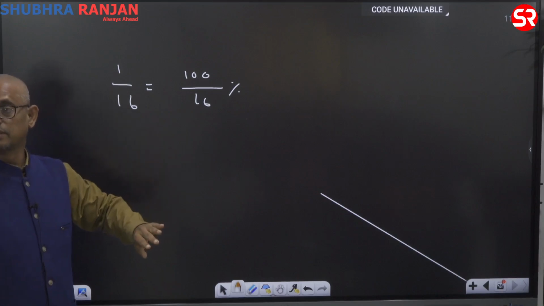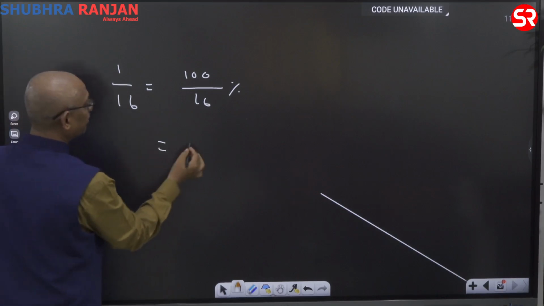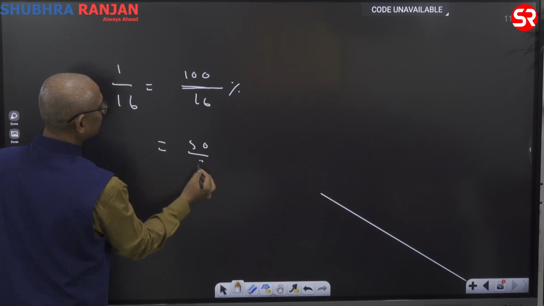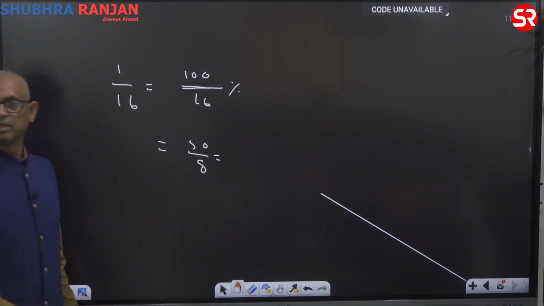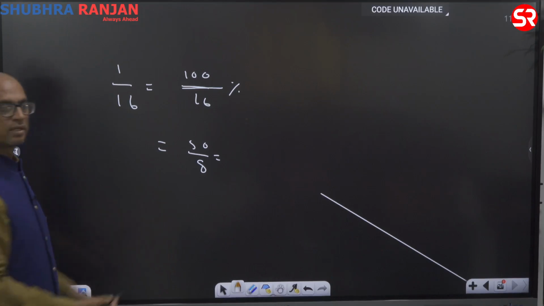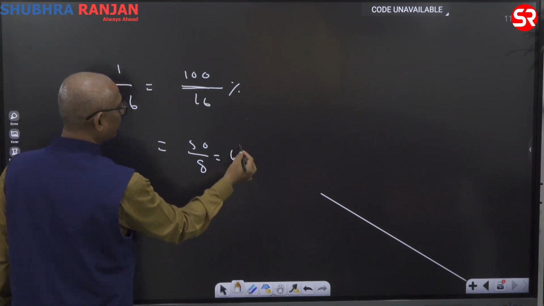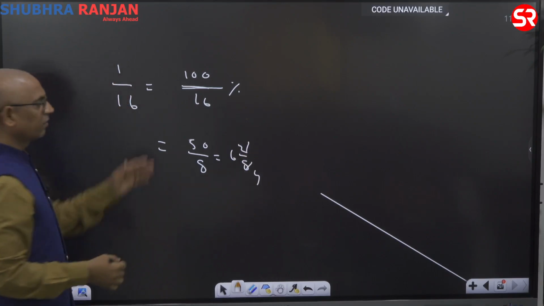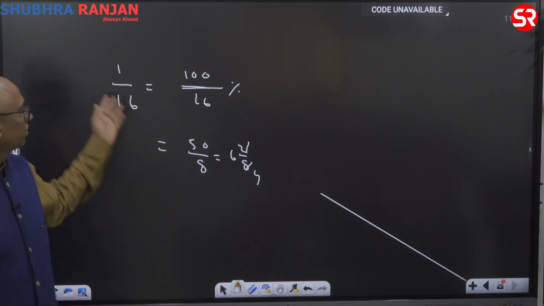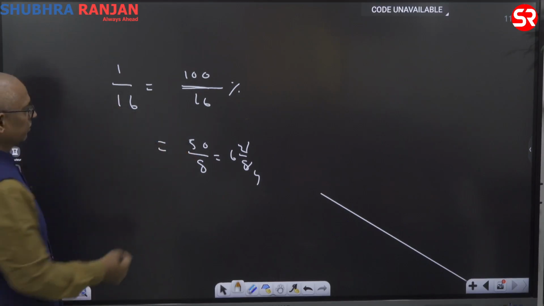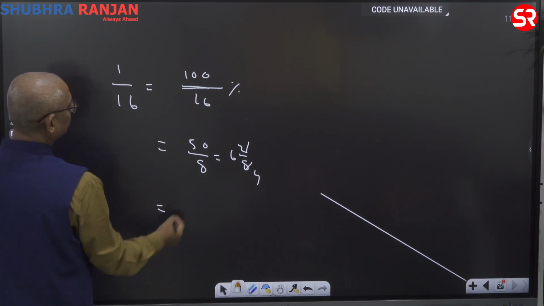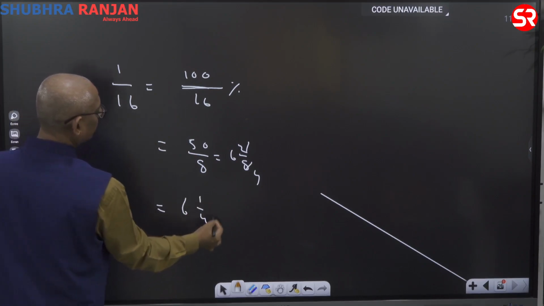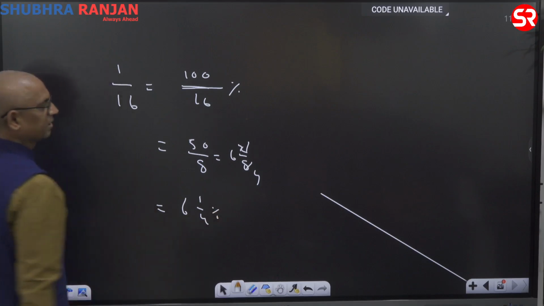But this can be written as 50 by 8. We know 8 table, 8 6 are 48. 2 by 8 can be written as 1 by 4, or you can write 25 by 4 also. So what is the answer finally? 6 1 by 4 percentage.